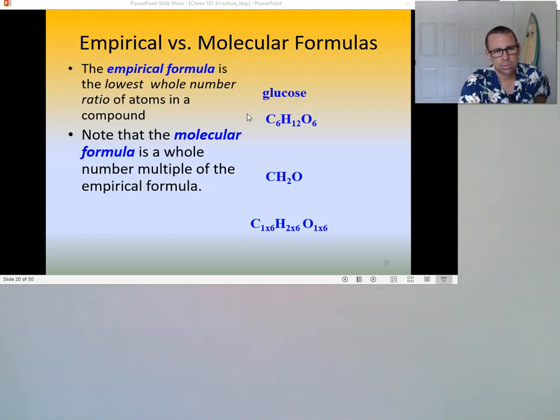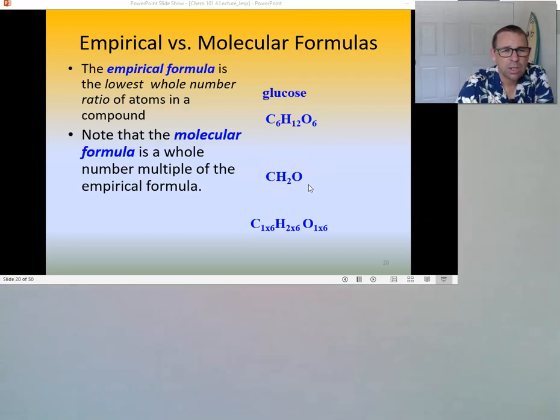Look at this chemical formula, C6H12O6, and you can see that it can be simplified down to CH2O, where each of these values, the 6, the 12, and the 6, are all divided by 6. And then it is simplified down to CH2O. Do you see that? Does that make sense?